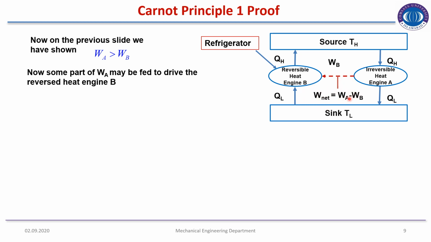Because WB is lesser than WA, WB work will be input into heat engine B, and W net is the amount that is left out.